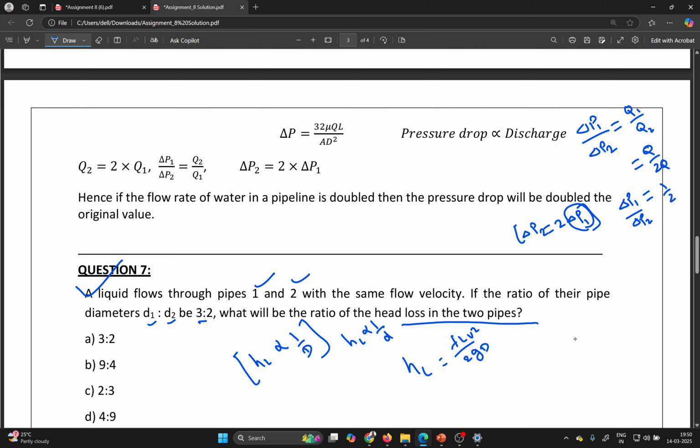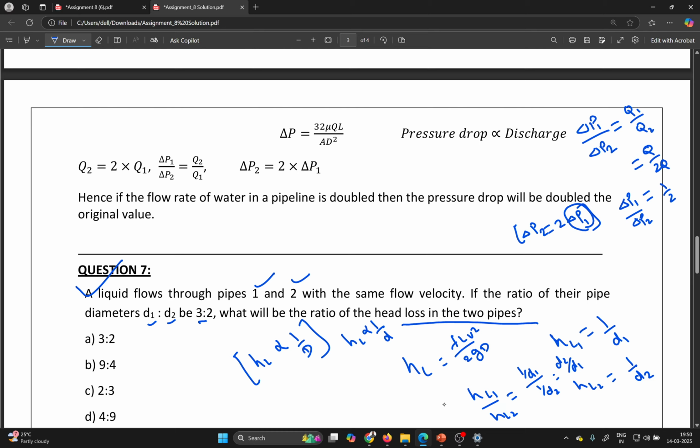So HL1 is equal to 1 by D1, HL2 is equal to 1 by D2. In ratio form, HL1 by HL2 is 1 by D1 divided by 1 by D2, meaning D2 by D1.